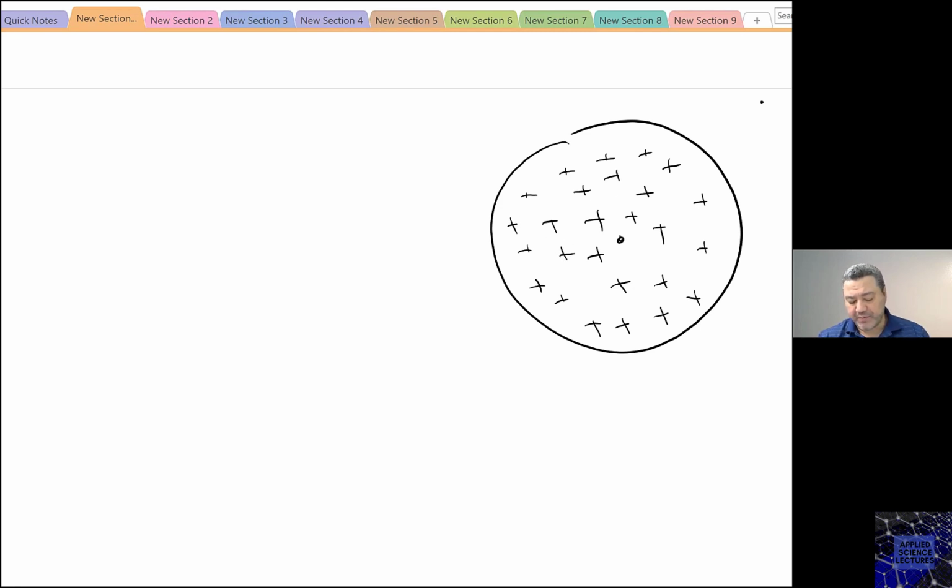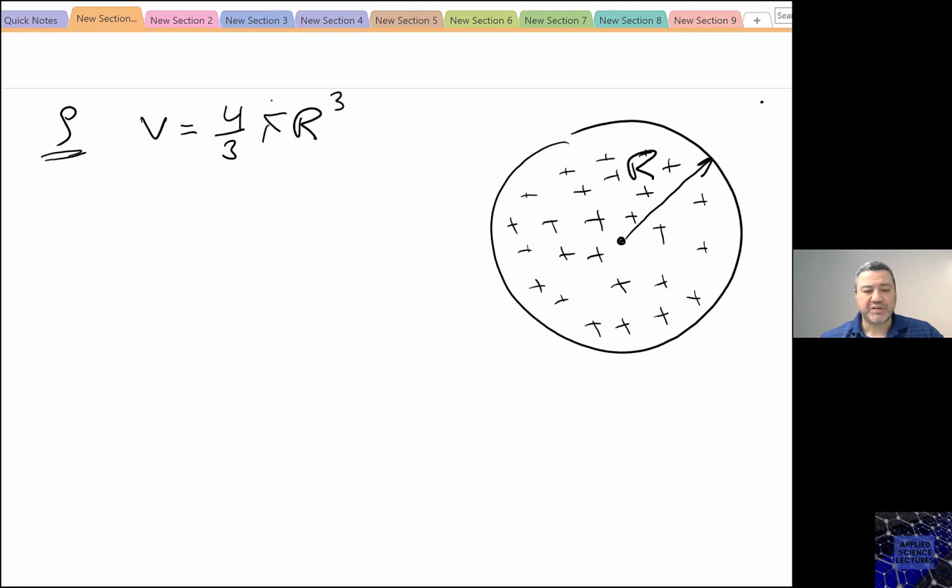We have the radius R for this insulator, and we also know the charge density. So we have here charges distributed within this volume. This volume is a sphere. We know that the volume for the sphere is 4 over 3 pi r cubed.